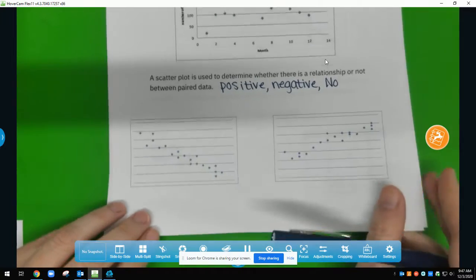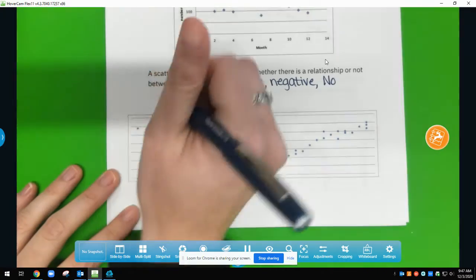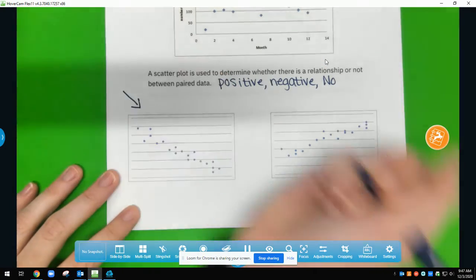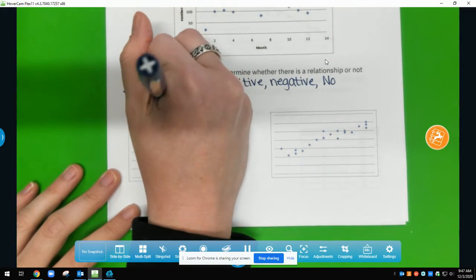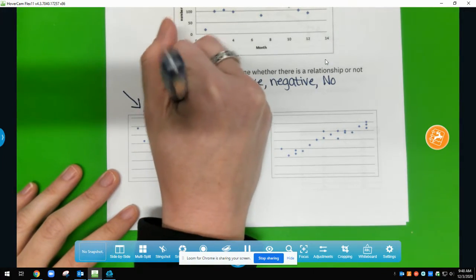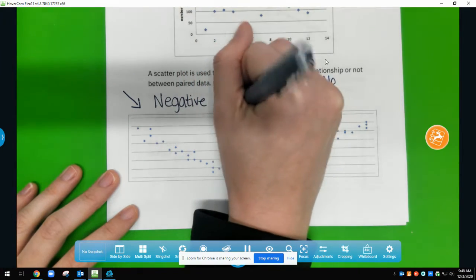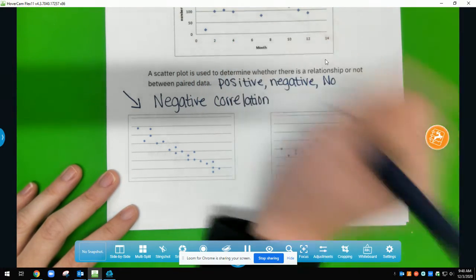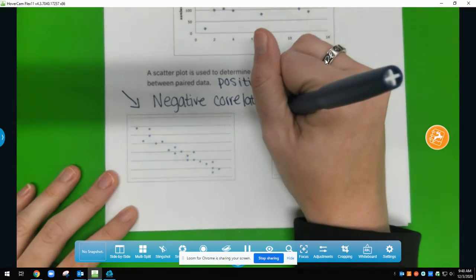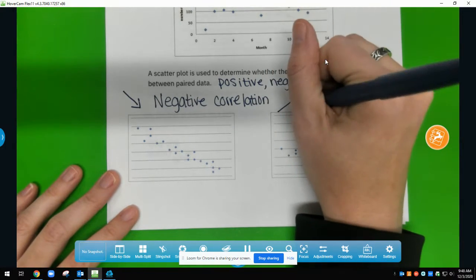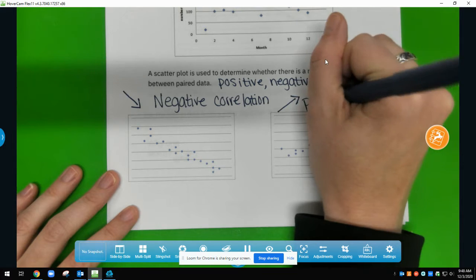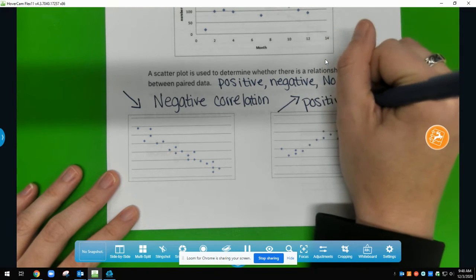Okay, this one on the left, since it's going down, it's going to be a negative correlation. This one over here on the right is going up, so it's going to be a positive correlation.